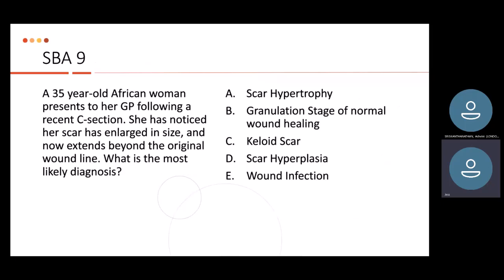Okay, next question. A 35-year-old woman presents to her GP following a recent C-section. She has noticed her scar has enlarged in size and now extends beyond the original wound line. What is the most likely diagnosis?